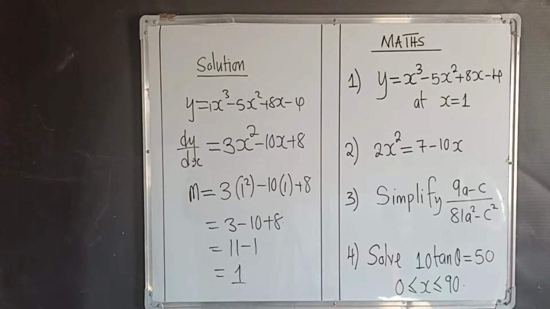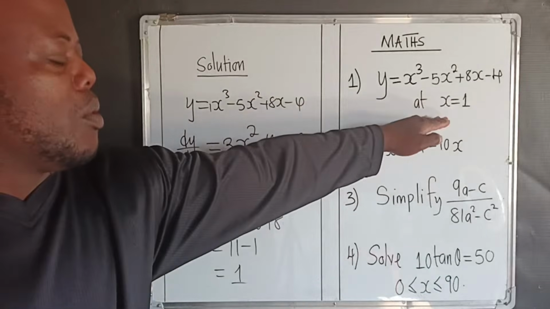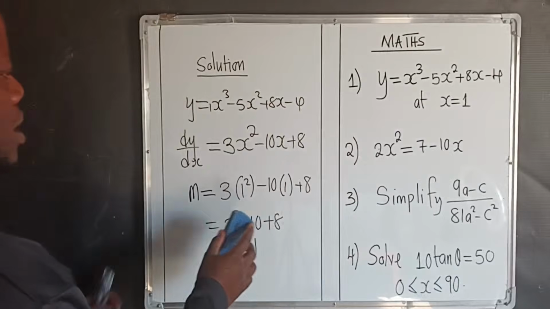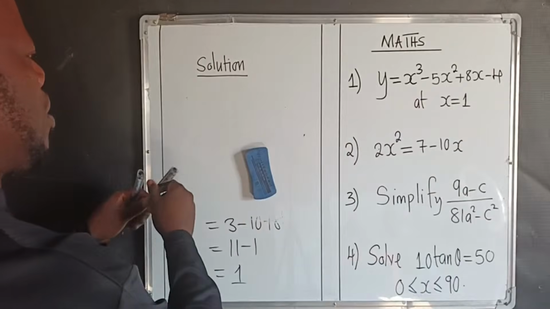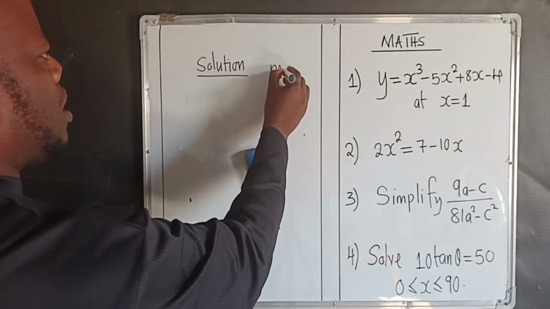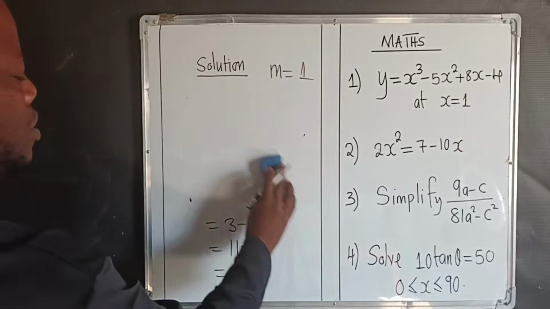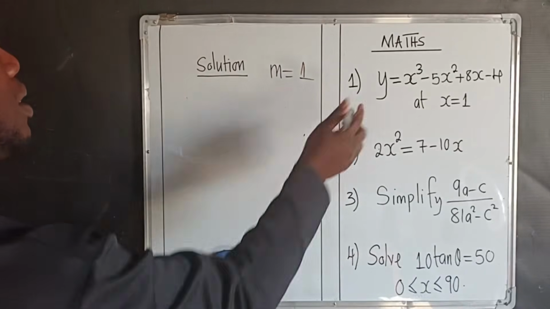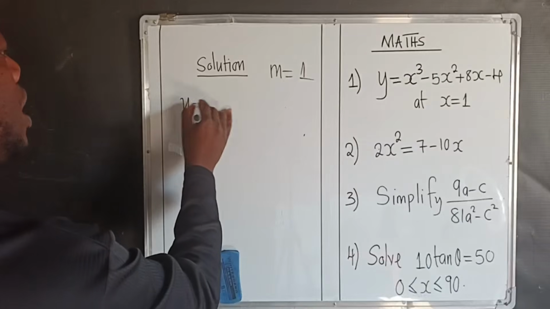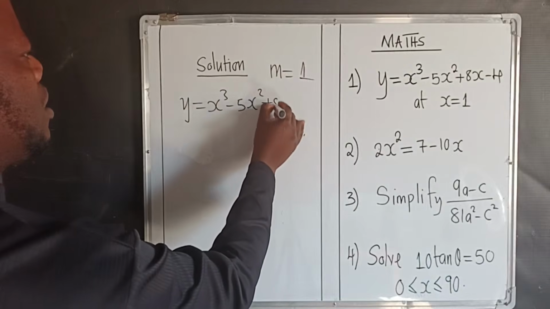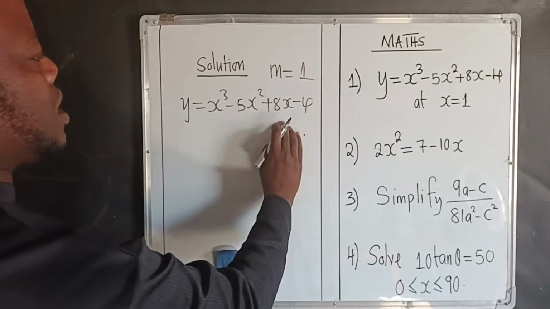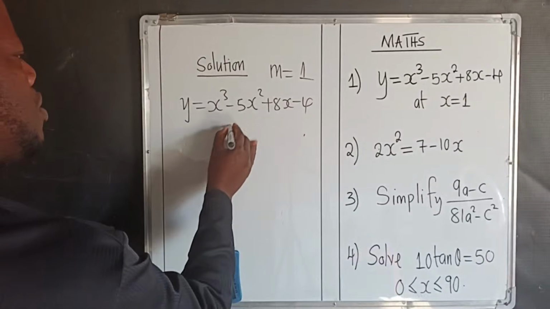So now, guys, from here, we now need to actually find the y coordinate. We've got the x coordinate here. We can now say our m is equal to 1. We just found the gradient to be equal to 1. Now to find the y value, you use the actual given equation, and where there is x, without finding dy dx, we substitute, because we want now to find the coordinates.